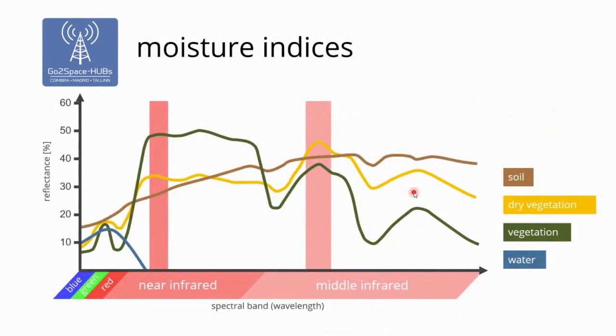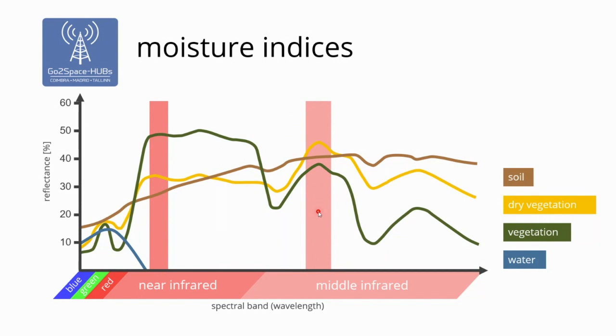Moisture indices, for a change, might and usually are based on the same formula, but with different bands. They very often, almost every time, use middle or short wavelength infrared bands, because this particular band is very sensitive to the moisture of the object.